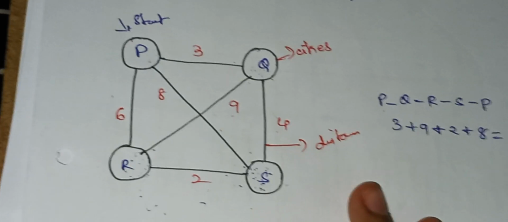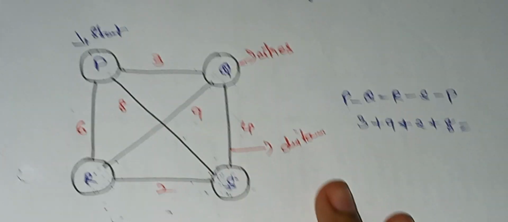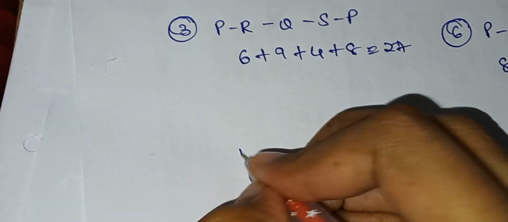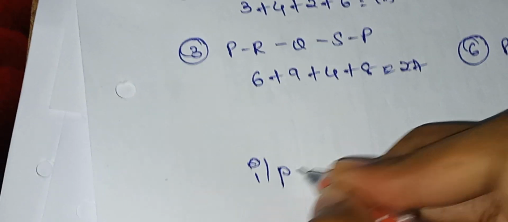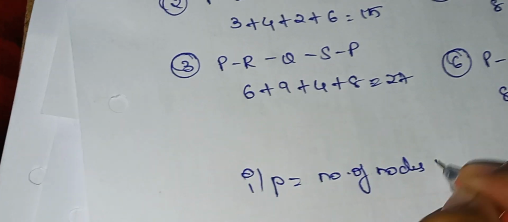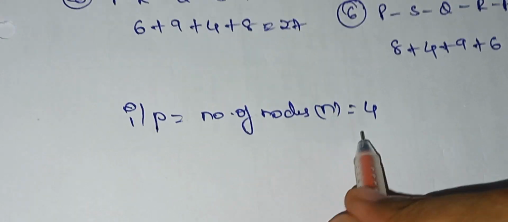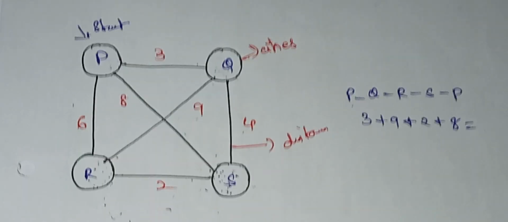I'll let you know how the number of permutations can be known initially. How many nodes are there? We have taken as input 4 nodes, so input is number of nodes n, which is equal to 4. I started traveling from one city.